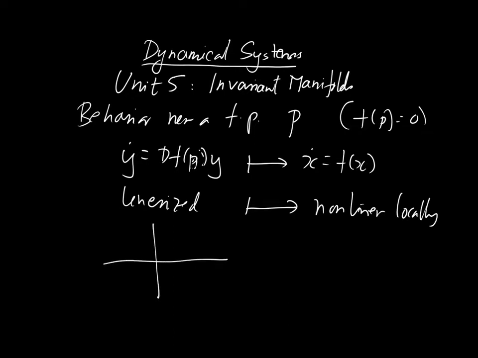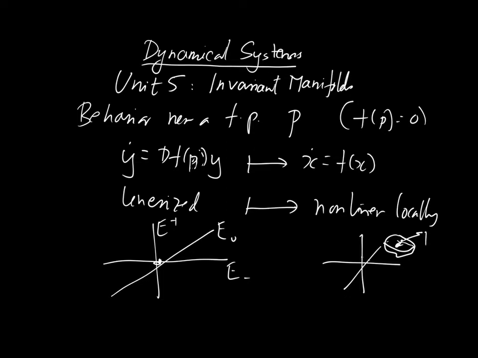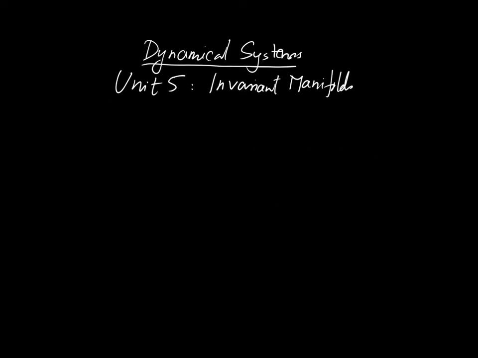In other words, this behavior here of E minus, E0, and E plus goes through into the behavior near the fixed point P, in some neighborhood of the fixed point P, in a sort of curved version of each of these subspaces, and that's what the invariant manifolds are.